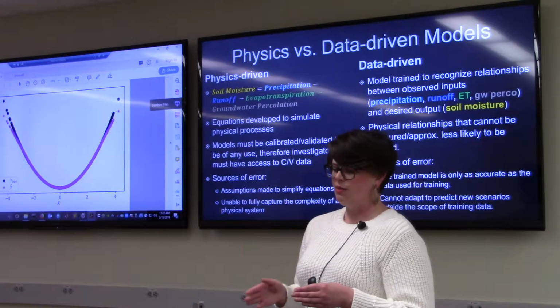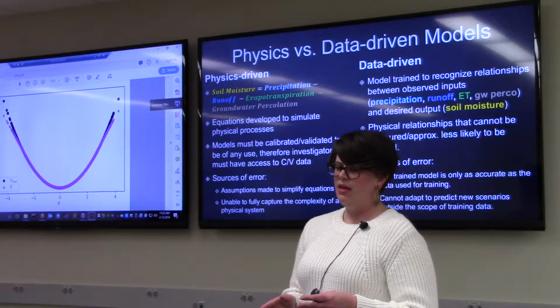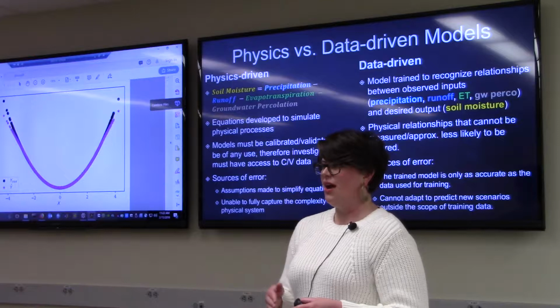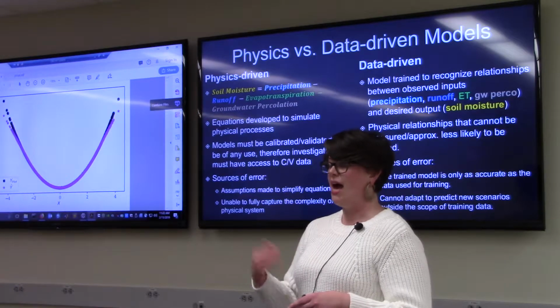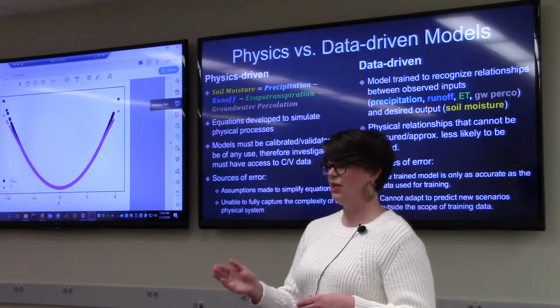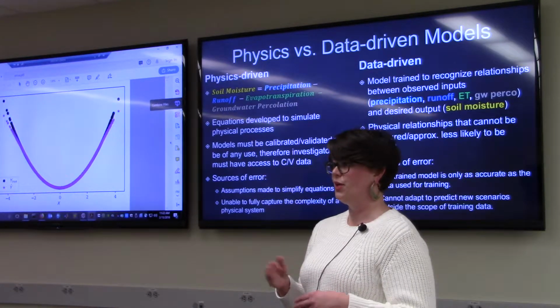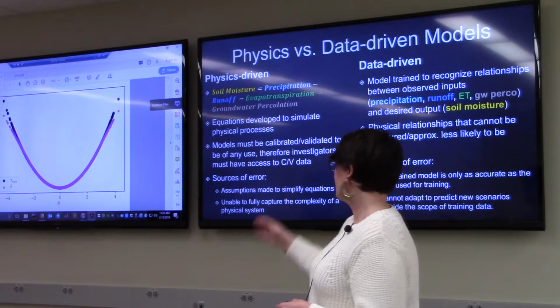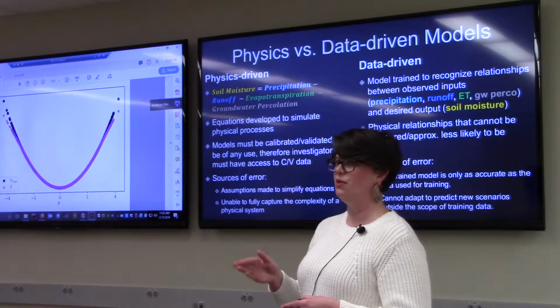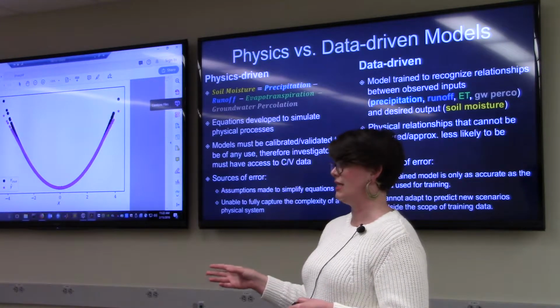In terms of general usage, it might be easier for the average user to employ a pre-trained data-driven model than a physics-based model that they then need to apply a secondary calibration step with.